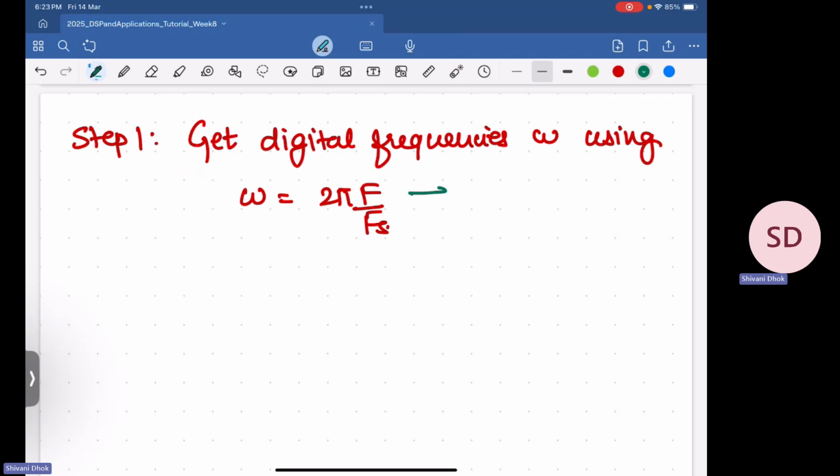This thing here is a linear transform. But the bilinear transform, which we will be using to get our final filter, what does it give?